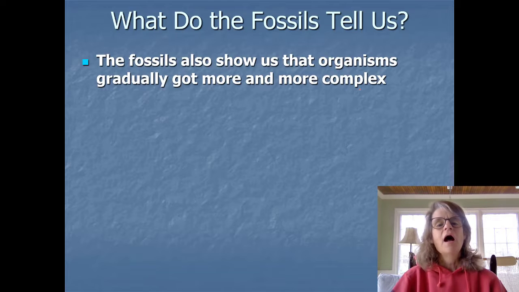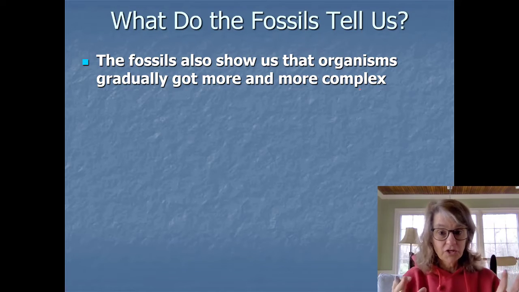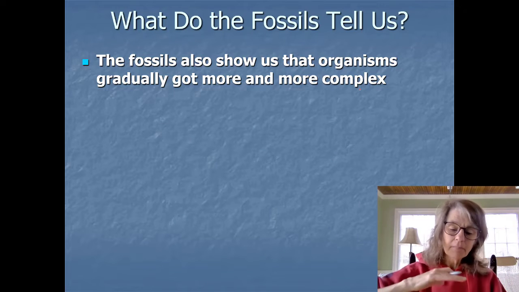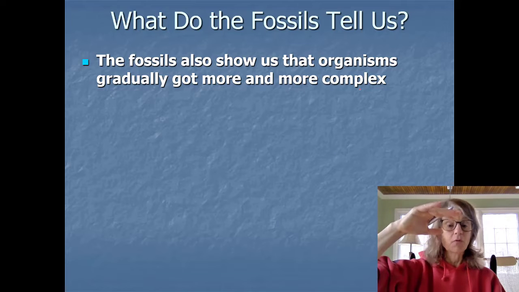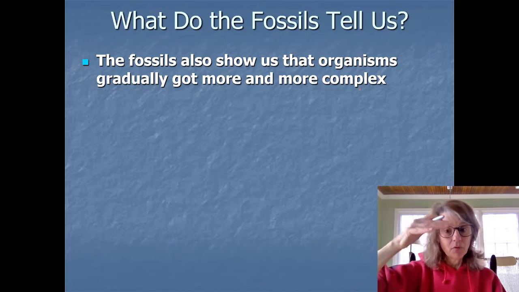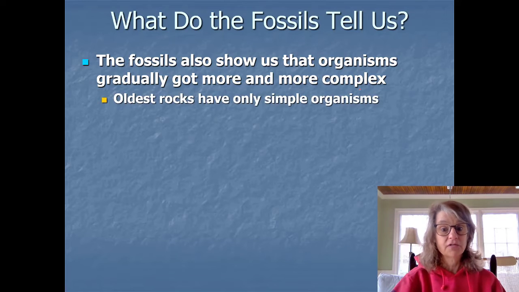So the fossils also show us that this simple life that we started with, the organisms gradually got more and more complex. If we go up, up, up in the fossil record to more recent life forms, they gradually get more and more complex over time.